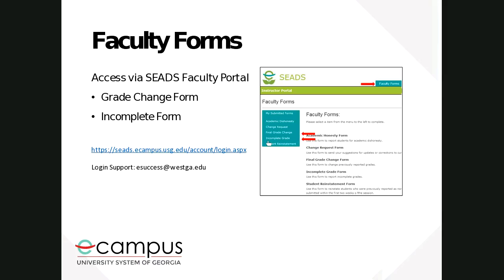And Ashley was trying to remind us all that the incomplete grade is really an important item to select if needed, so that it triggers a proper response to help the student complete the course. So again, if you need to make that adjustment, you go into your SEEDS portal and select a grade change form or an incomplete form.